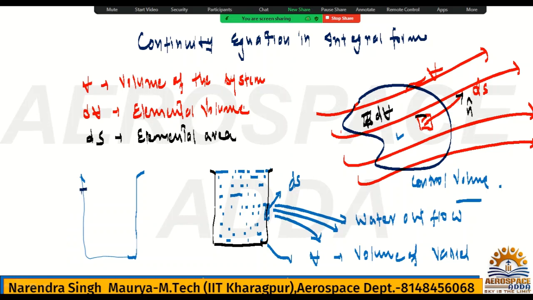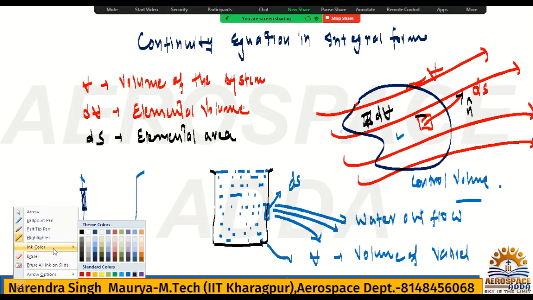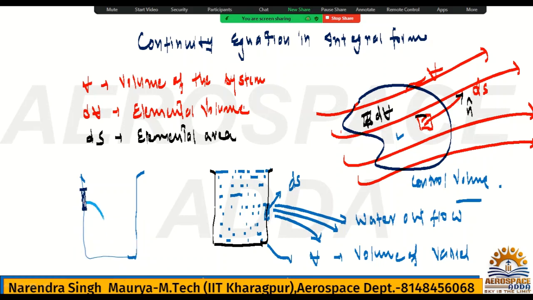And this is the small hole, right? I mean elemental hole, circular hole, you can say. And now water you are getting inside. You are getting water like this. So what will happen? That volume will increase. Yes or no? So you can say here you have increment of mass.